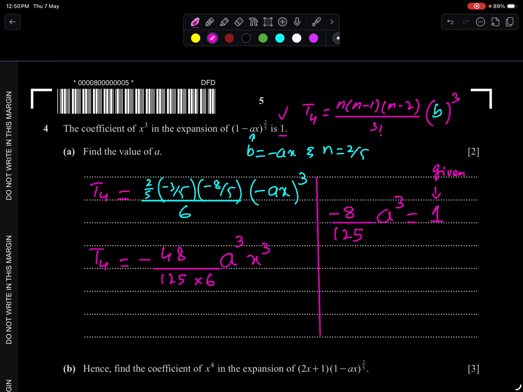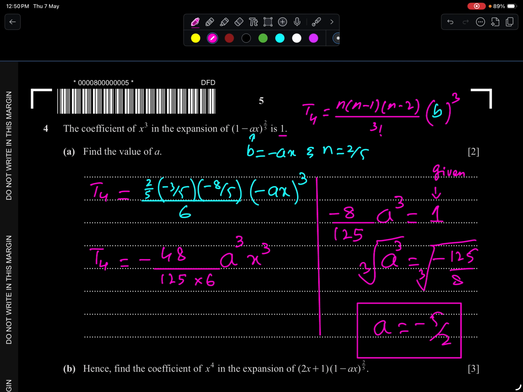So finally we have got a. Let me show the working. A cube is minus 125 upon 8. Now take the cube root on both sides. So a is minus 5 upon 2. That's the value of a.